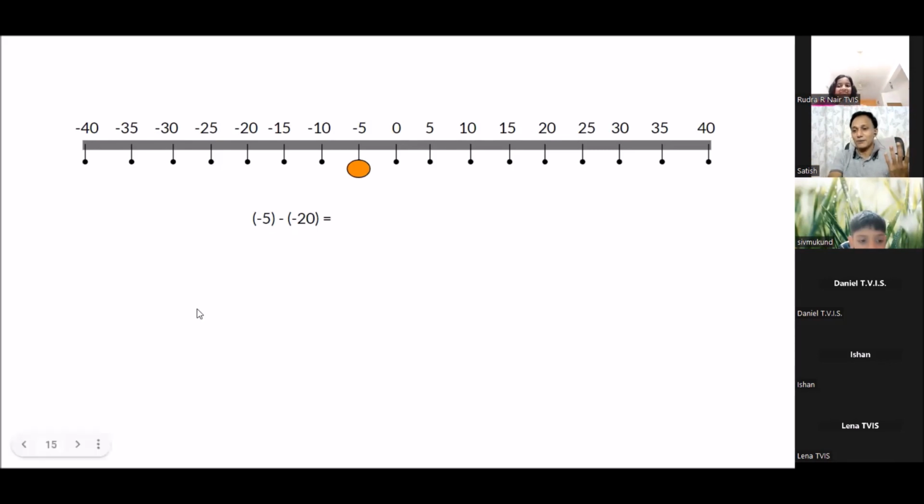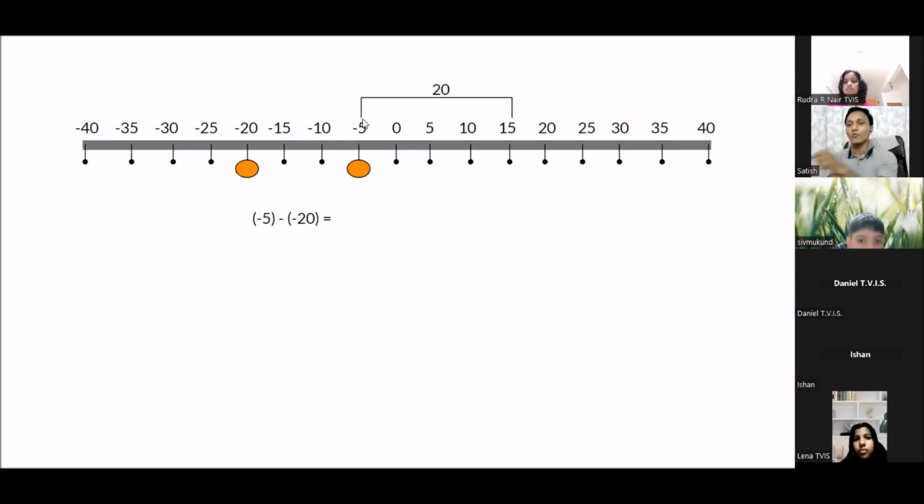So that is the scenario. So those who made the mistake, you start from -5 diagrammatically, and from -5, if it is -5 -20, you go backwards. But since it is -5 -(-20), you go forward. As good as -5 + 20.